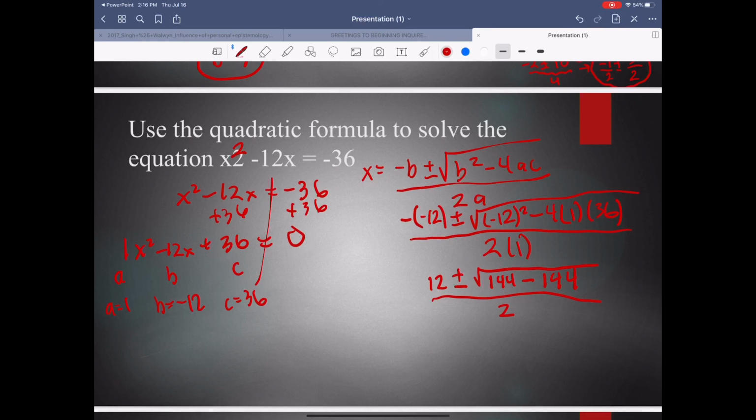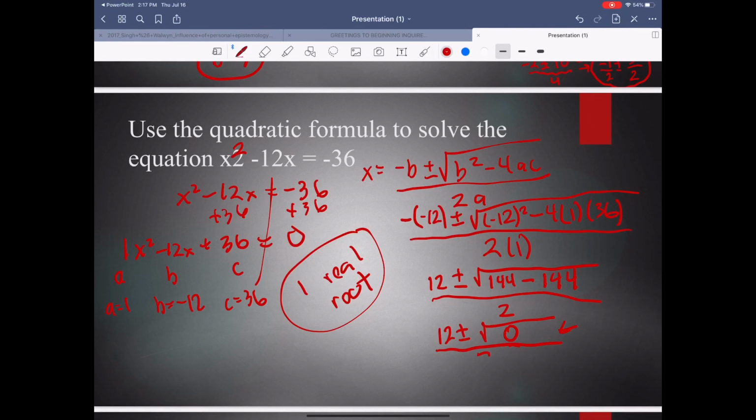Now at this point I could go ahead and start simplifying. So 12 plus or minus the square root of 144 minus 144 gives me 0. So notice that I got 0 there, so that means I have 1 real root just by looking at the inside, this number right here, divided by 2.